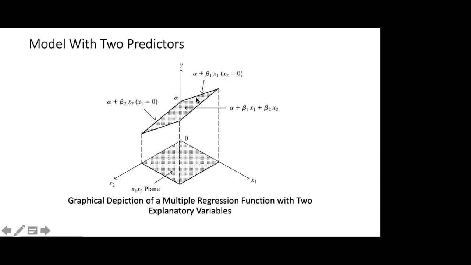And the same is true here: the slope along your x1 dimension is like the slope in linear regression, but again the other predictor variable, in this case x2, has to be zero, or constant.